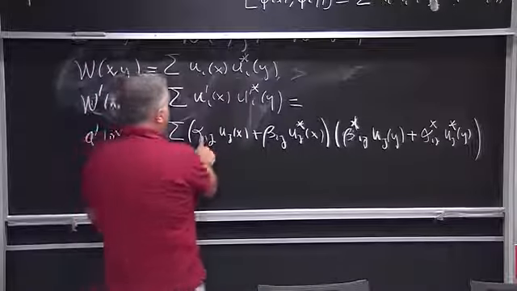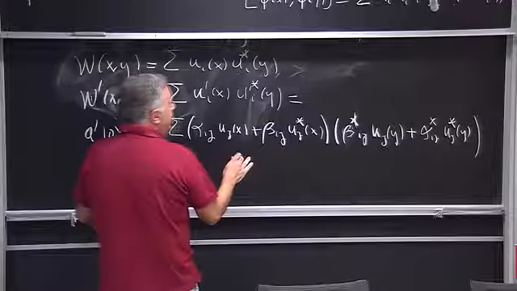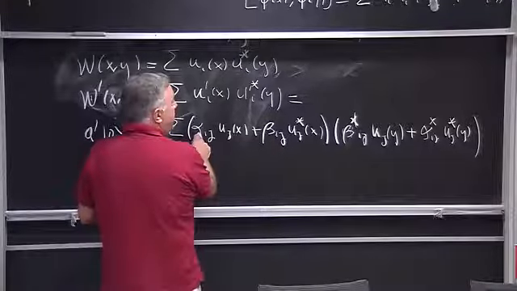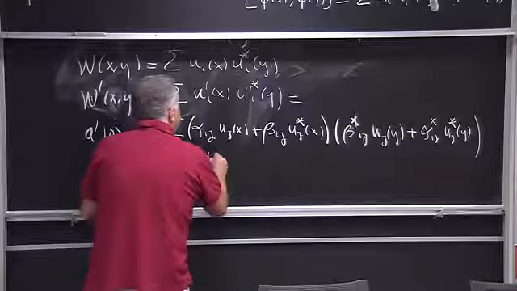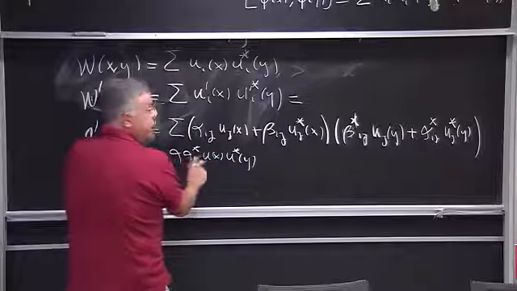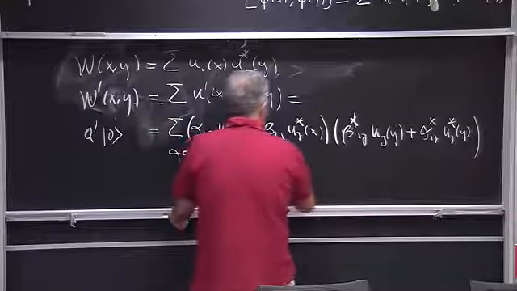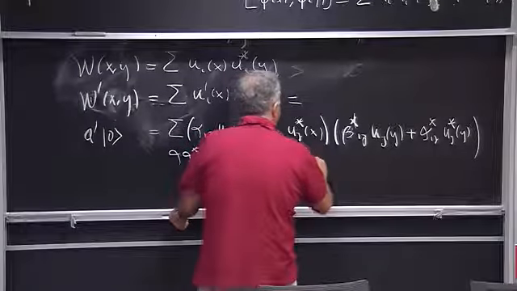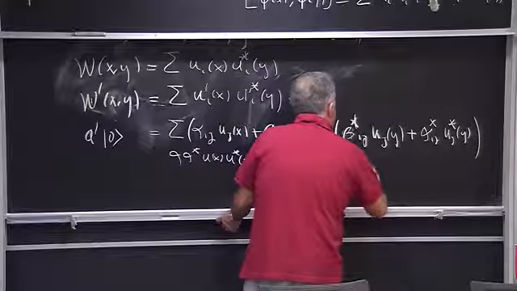You are going to have a term which is, let me write it in a rapid way, you get alpha star u x u star y. Allow me not to write the indices. And then you get plus beta star u star x u y.